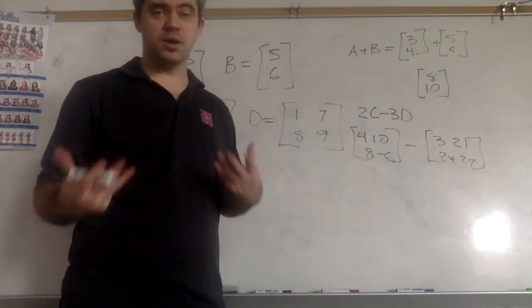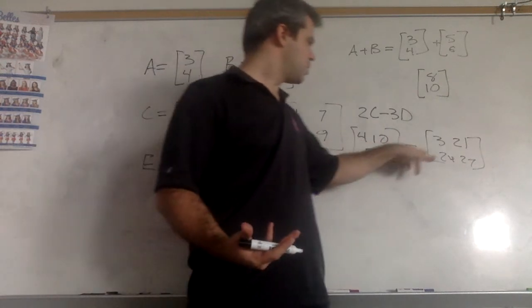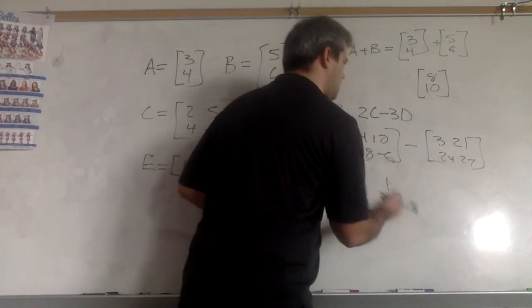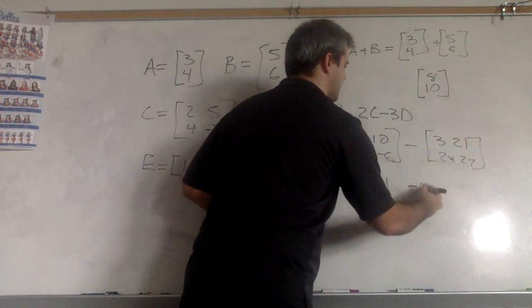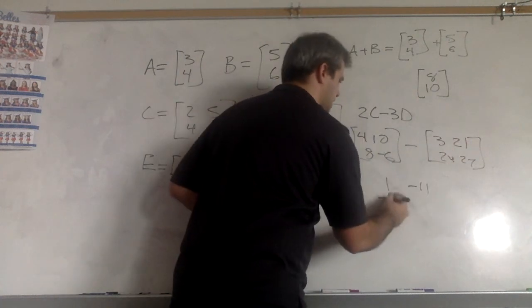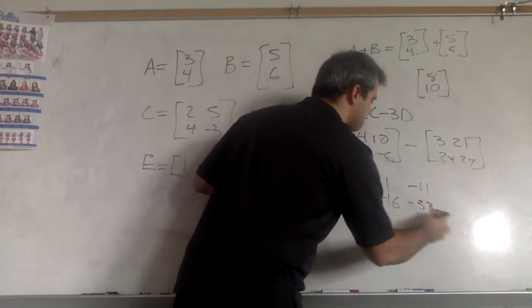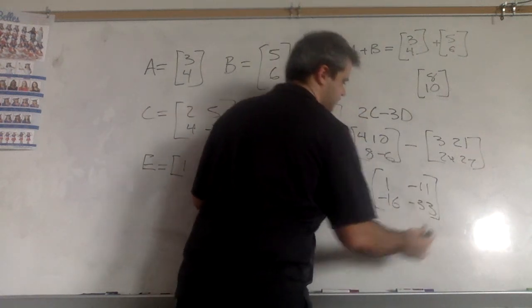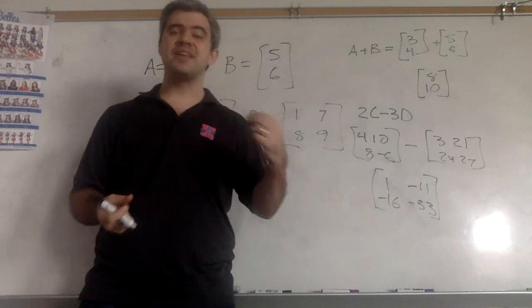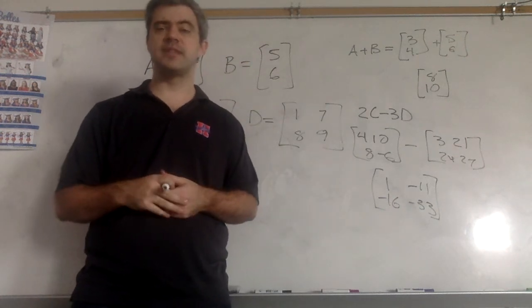Well, subtraction works the same way as addition does. We're just going to subtract these. So this will be 1, negative 11, negative 16, negative 33. So that's how you add and subtract, and that's how you do scalar multiplication.